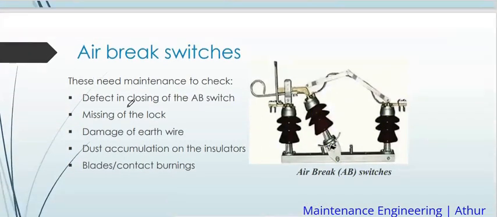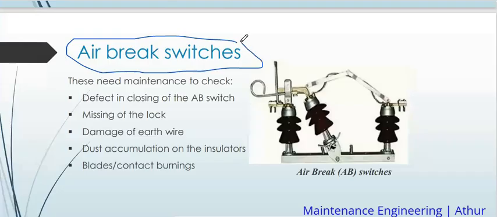Finally, before time runs out, let me talk about an air brake switch, which is very, very important. When we are isolating, maybe we want to work on a certain line. Imagine we are working on the Ntungamo feeder.